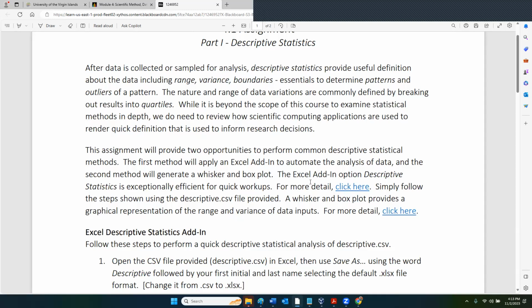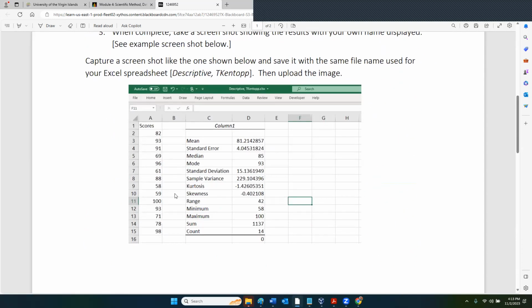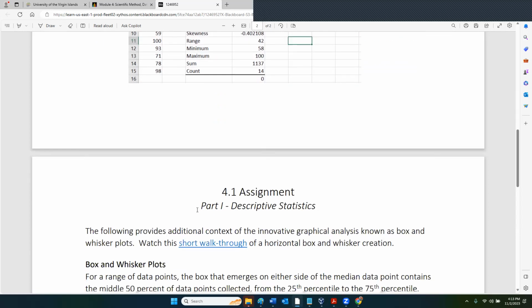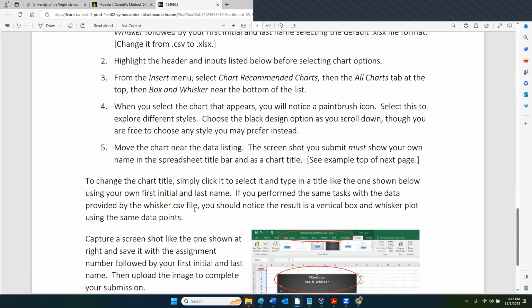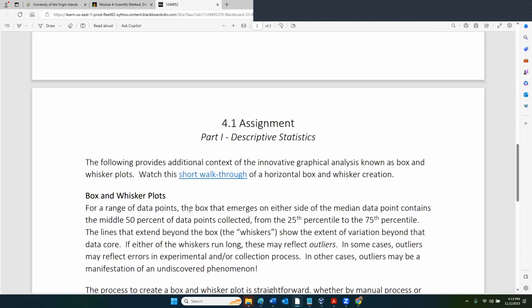I did show you how you add the module, right? There's an Excel add-in called Descriptive Statistics. You should have something that looks just like this, except instead of showing my name here, it'll show your name. If you run into any snags on this, you should give us a shout.